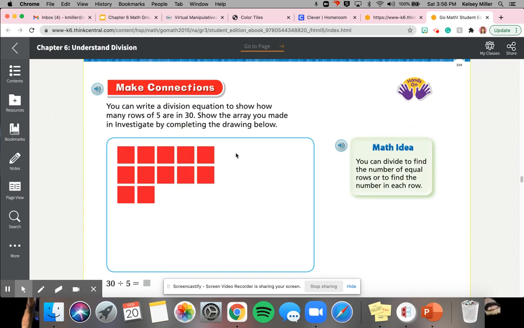Now we are going to flip the page and we're going to look at this make connections page. So here it says you can write a division equation to show how many rows of 5 are in 30. Show the array you made in the investigate by completing the drawing below.